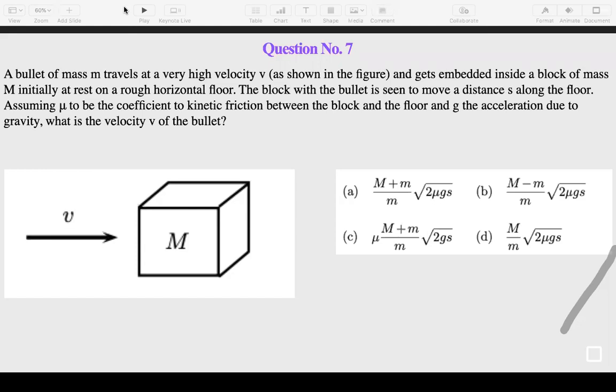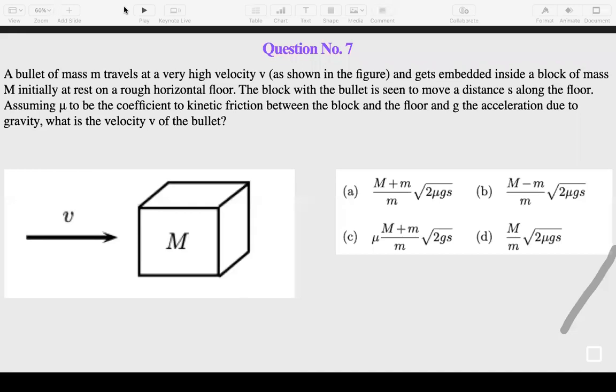Whenever there is an impact, we have to use conservation of momentum. Remember this. And after impact, the body travels a distance which we represent by s.